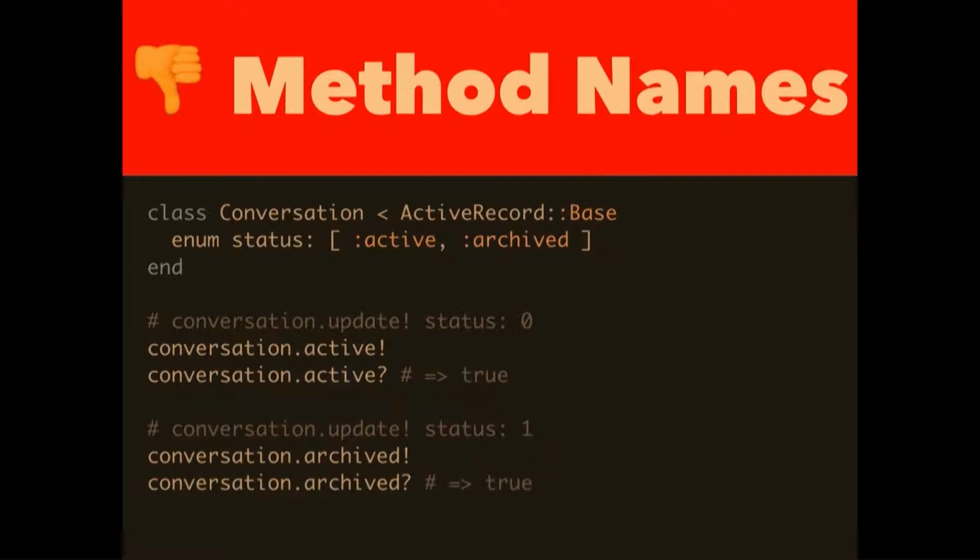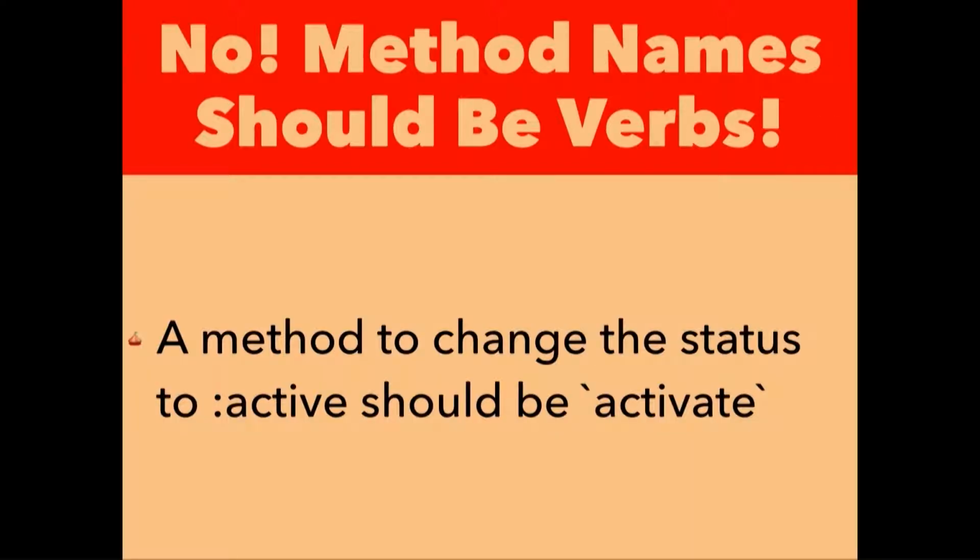To change the status to active, you need to call the active method, or you need to call the archived method. But I think these are wrong. Method names should be verbs, right? So a method to change the status to active should be called activate instead of active.